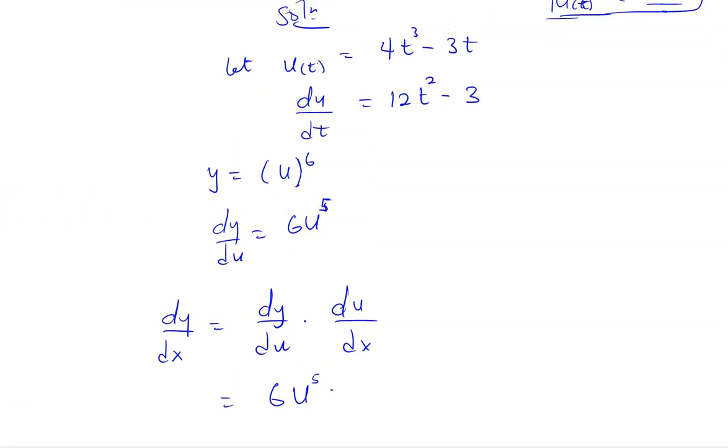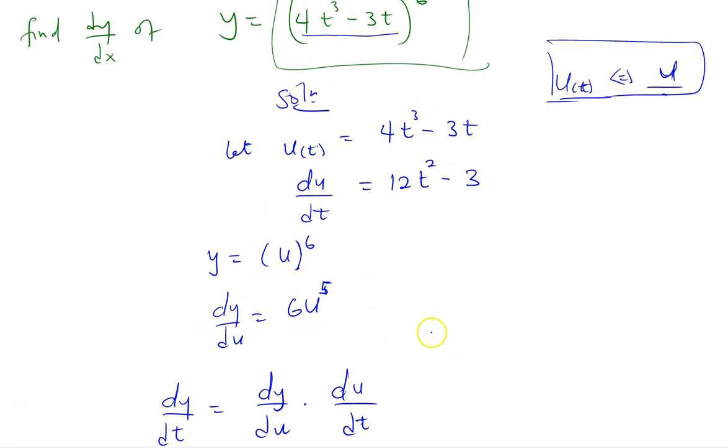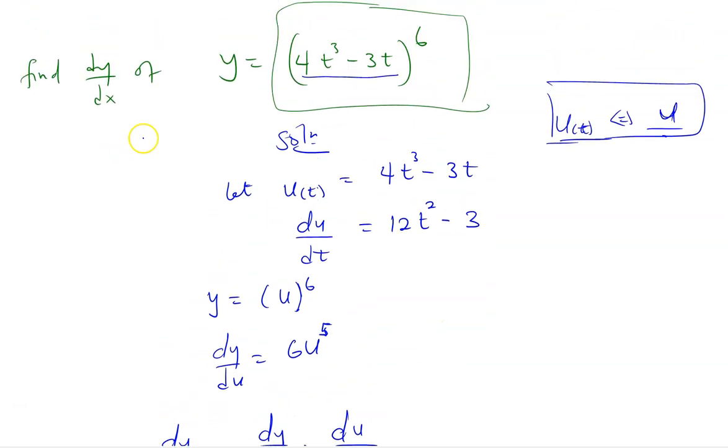Why do I keep interchanging the x and the t? I'm so sorry. It's t, because the independent variable is t. So it's not dy on dx, it's dy on dt. You get it?